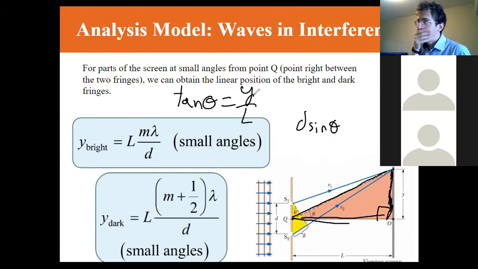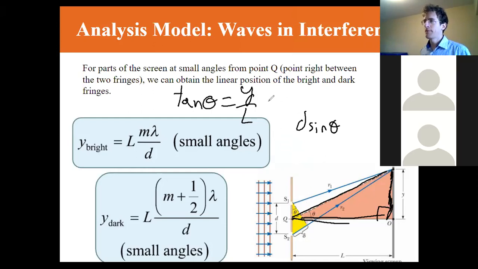But you are totally good to assume that L is going to be a lot bigger than the spacing between the slits and y.